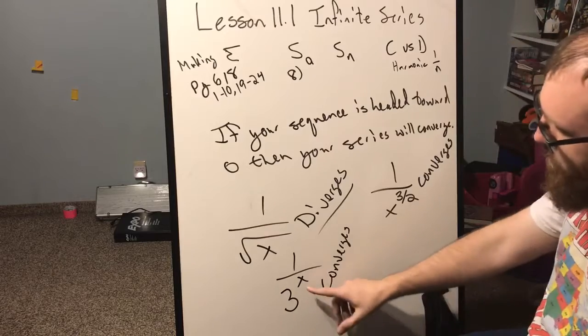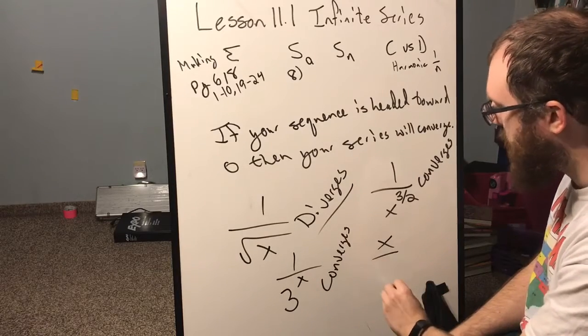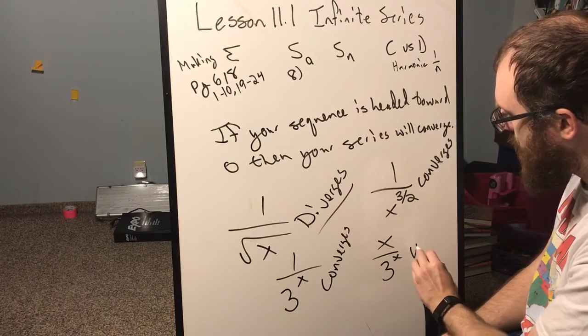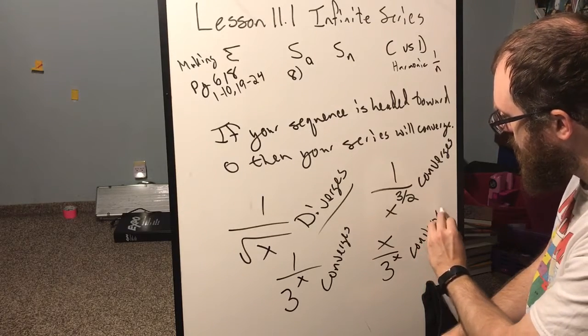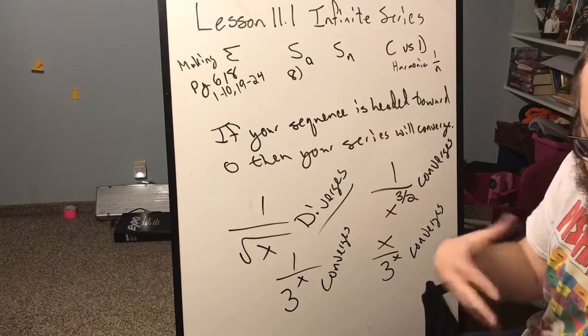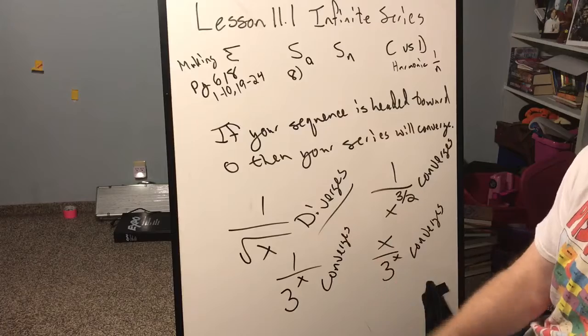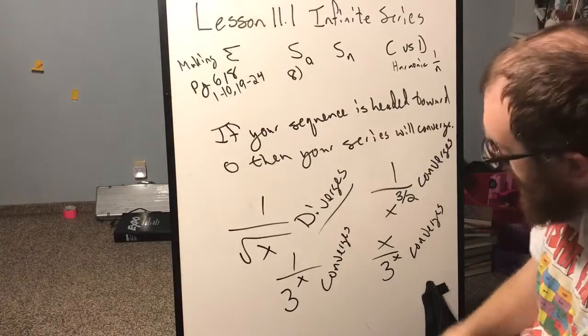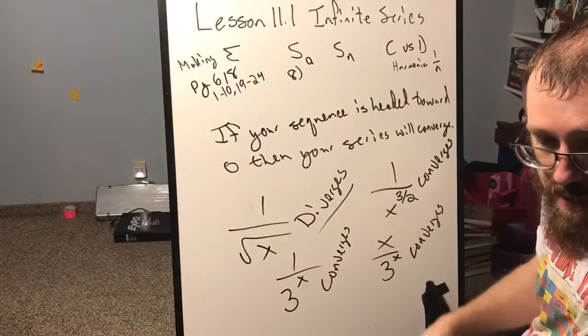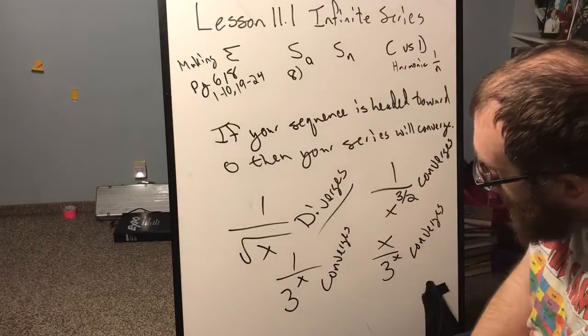And actually, it's powerful enough even with the x above it that it still converges. That's larger than a harmonic. The 3 to the power of is more powerful than the x, and it'll stay that way over time.